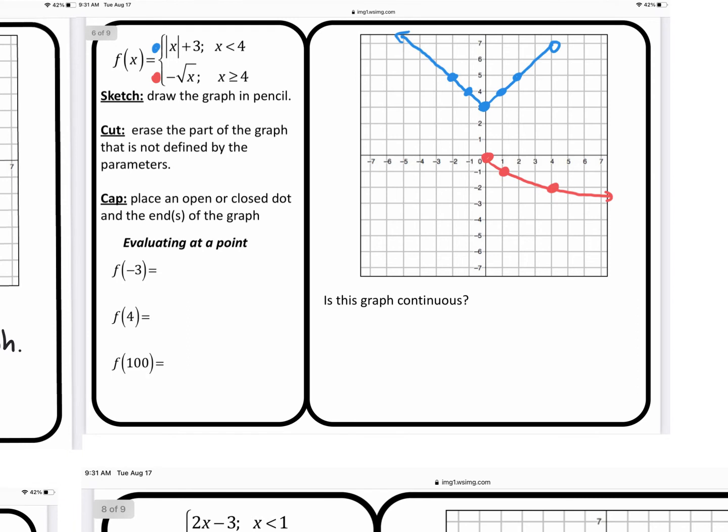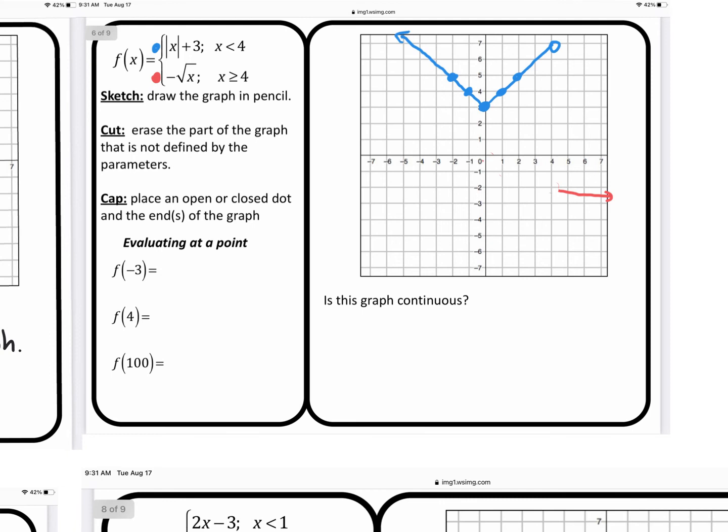All right, so that's what that looks like graphed out. And we have, it exists when x is greater than or equal to 4. Okay, so there's 4. So everything from this side is going to be good, so this side needs to be erased.